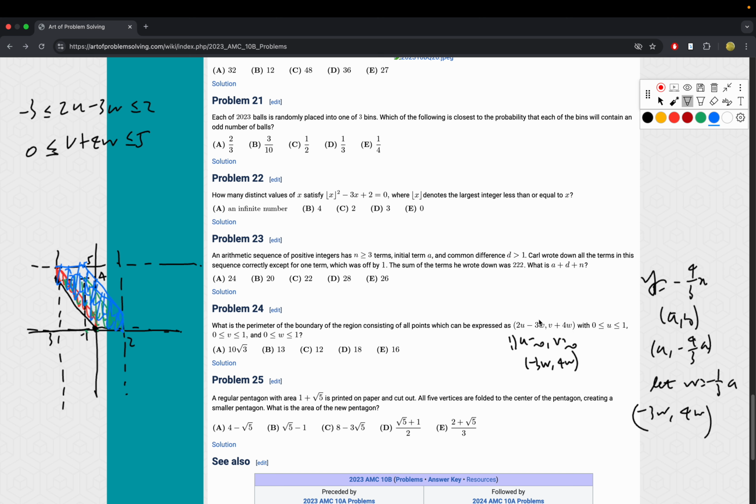And all the points that are in this form are within this boundary. So this is actually the smallest boundary that we can find.